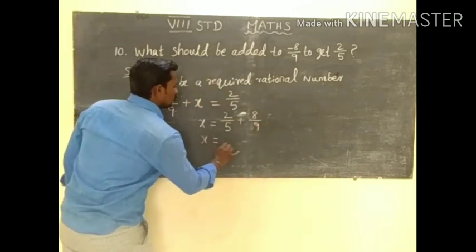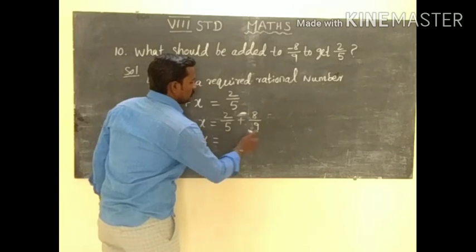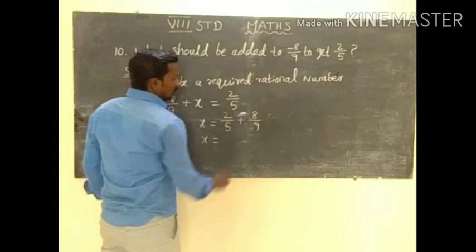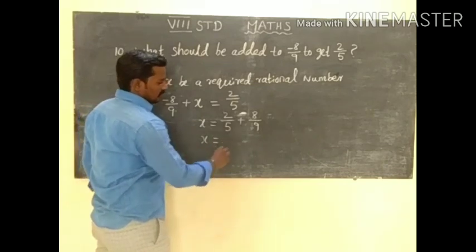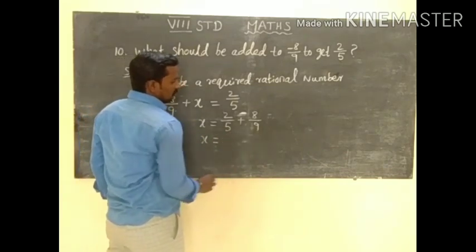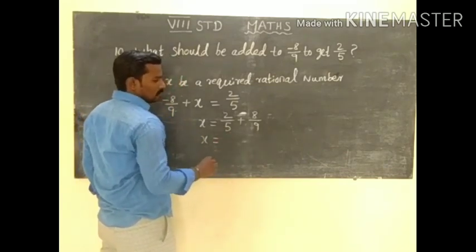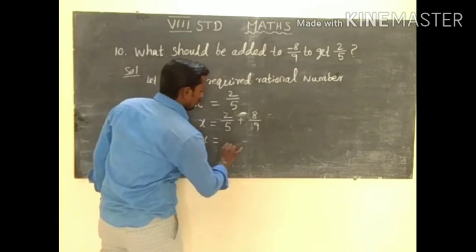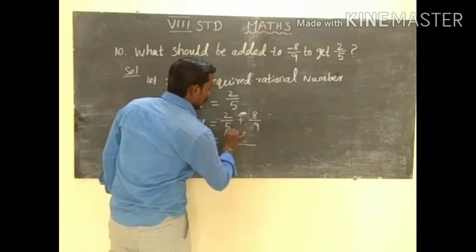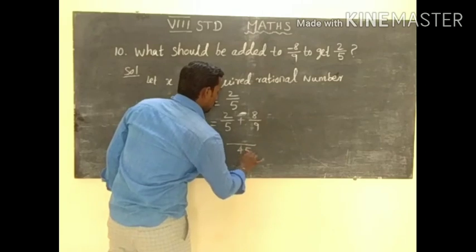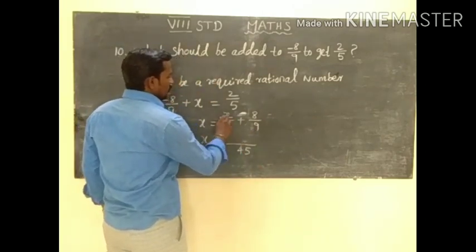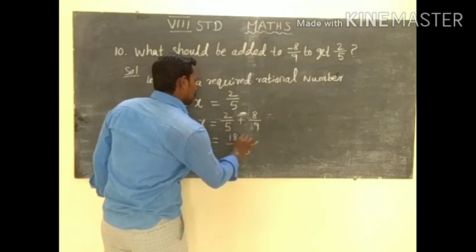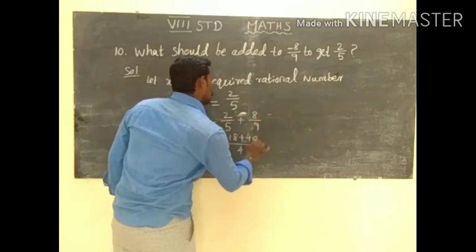Then x is equal to, comparing both denominators, these two are unlike fractions, so form like fractions. 5 and 9 are prime and composite, so directly multiply the numbers. 5 9s are 45, then 9 2s are 18 plus 5 8s are 40.